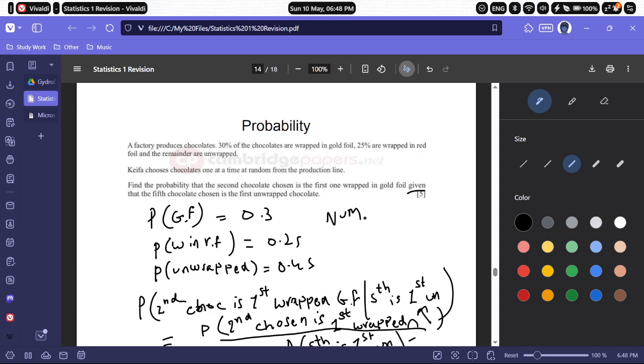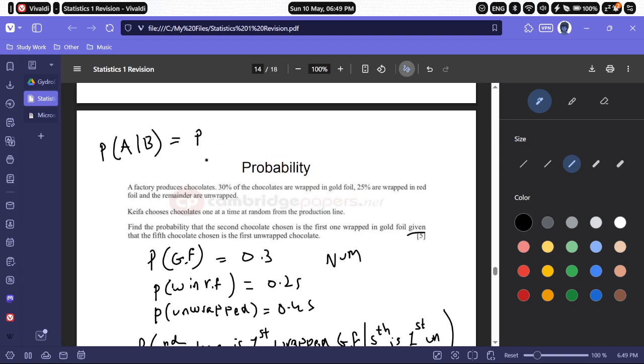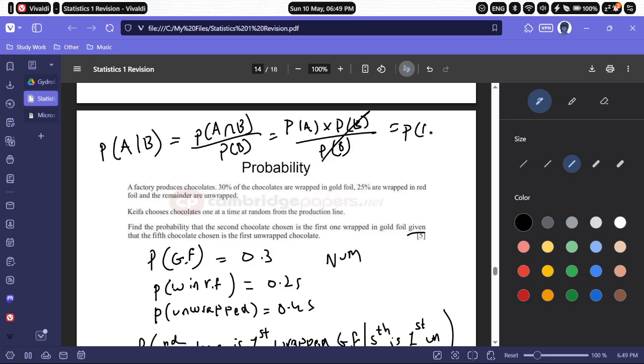Basically for conditional probability, if you want to revise it, the probability of A given B is the probability of A intersection B over the probability of B. And if they are independent events, since the probability of A intersection B is equal to the probability of A times the probability of B, that would cancel out to give you the probability of A. But this part is only for independent events.